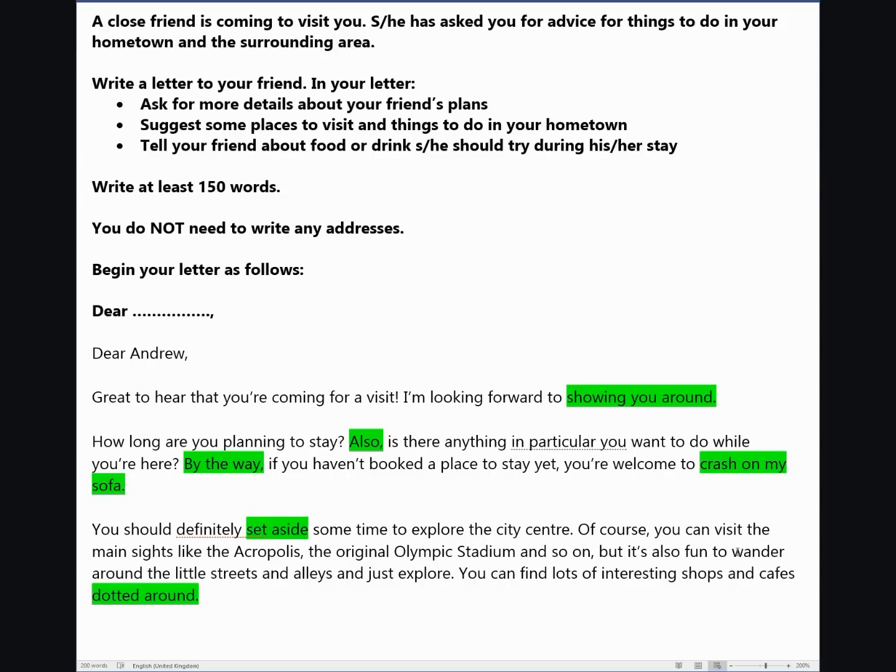But we've got some good things in here like "dotted around," "wander around," "set aside," "main sites." That's a good one for vocabulary. In terms of grammar, I've got pretty good variety because I've got a shorter sentence and then a longer, more complex sentence here in the middle, which has different parts, and then another short sentence at the end. So that's a good mix.